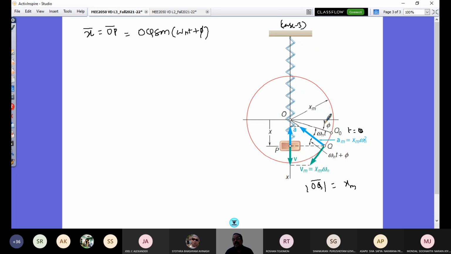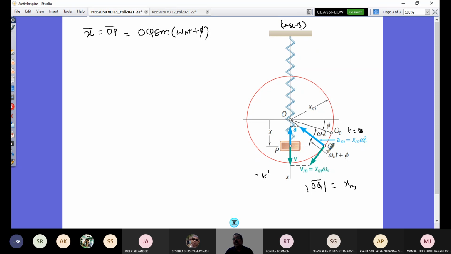So the increment in angular displacement is omega nt from this phi. At t equal to 0, this is the initial position, and then in due course of angular displacement omega nt, you have at any time t this OP vector giving you the x vector, which is the simple harmonic motion vector.